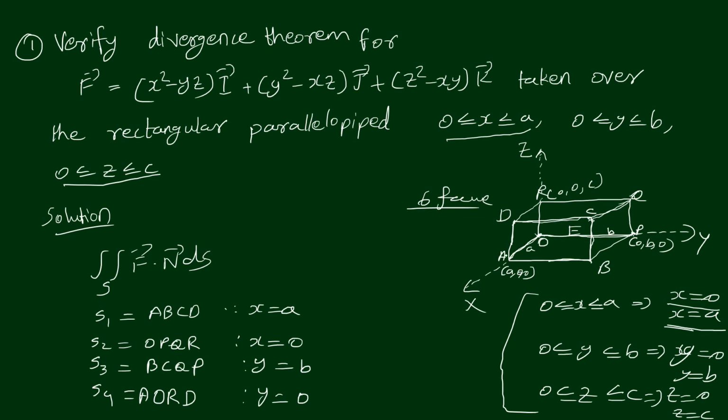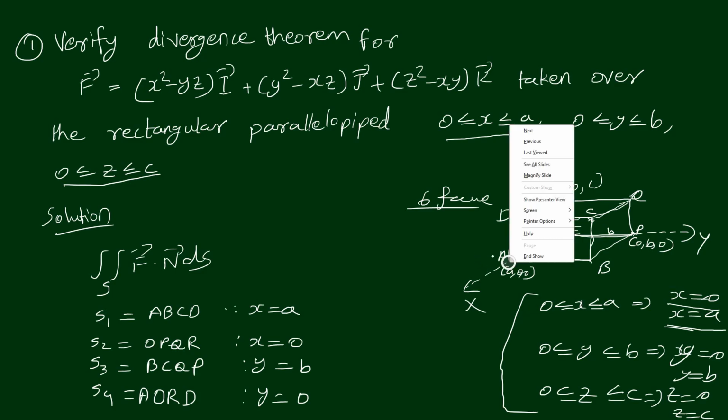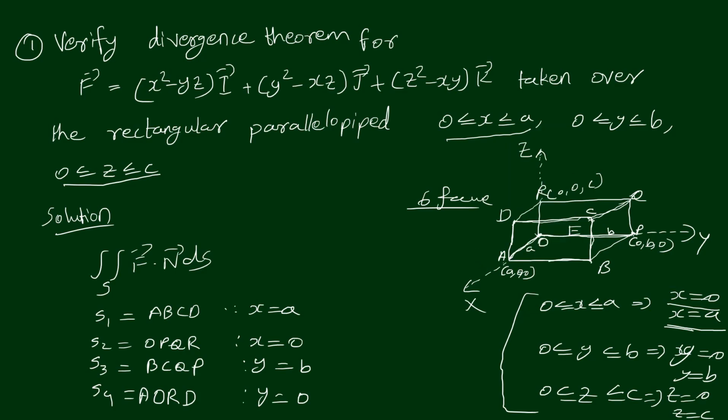S1 is ABCD. ABCD is the plane surface parallel to the YZ plane. So to the YZ plane, what is the unit normal vector? The unit normal vector in the x direction is nothing but the i vector.